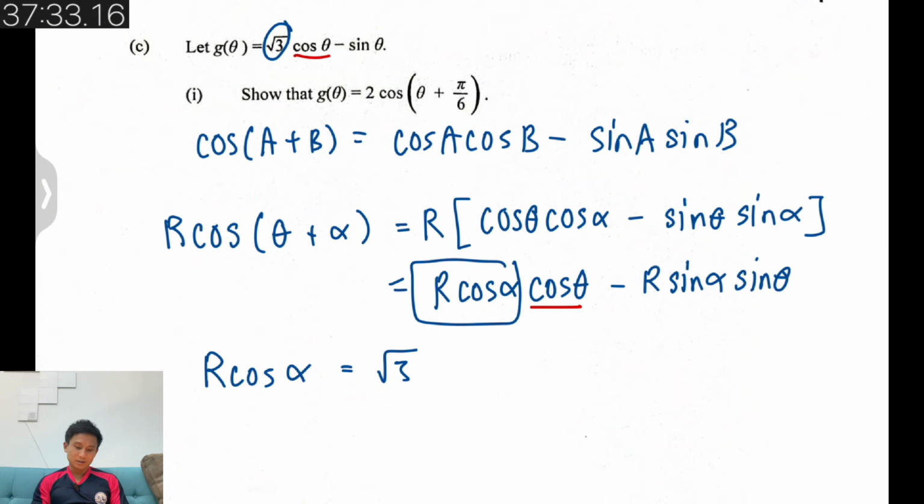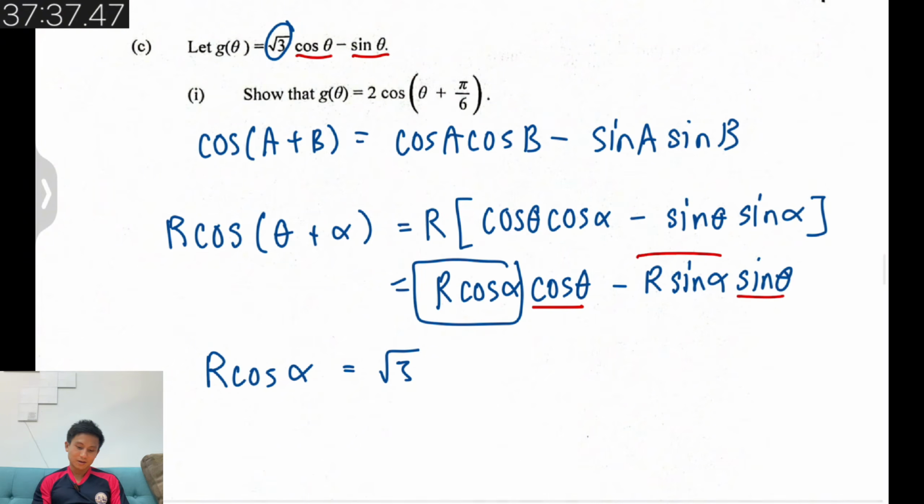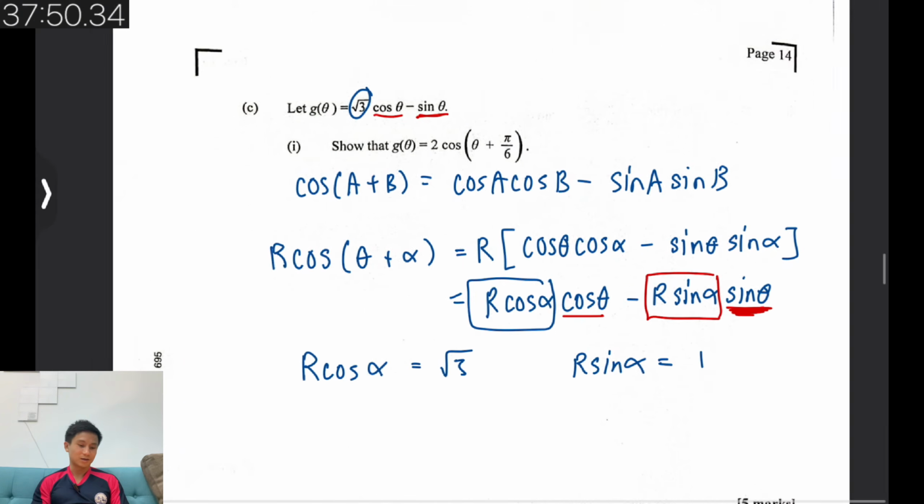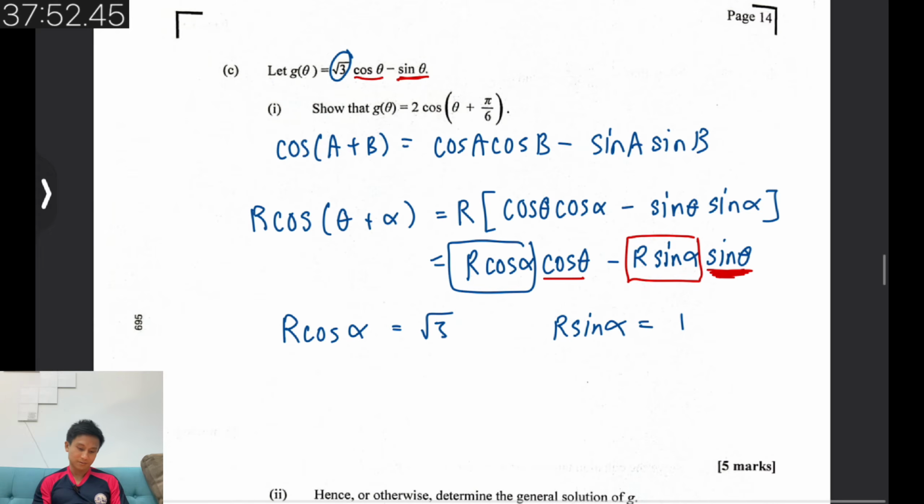And the other one is the same concept. Sine theta is already the same here, yeah? So that means r sine alpha seems to be nothing, but it's actually 1. It's just in front of sine theta there, 1.